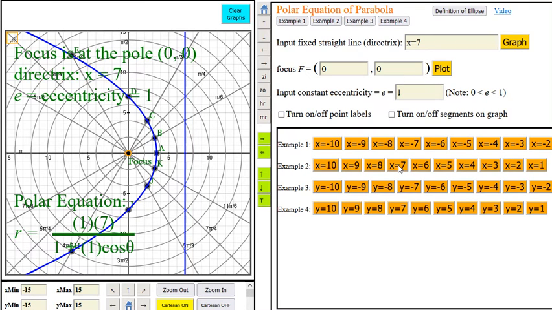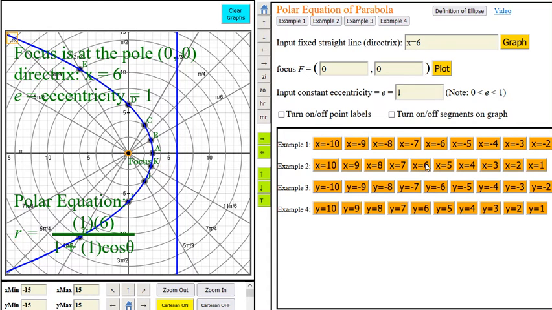For directrix x equal to 7, the equation will be 1 for the eccentricity, and then the 7, the directrix, divided by 1 plus 1 times cosine of theta. For directrix x equal to 6, we get 6 here.